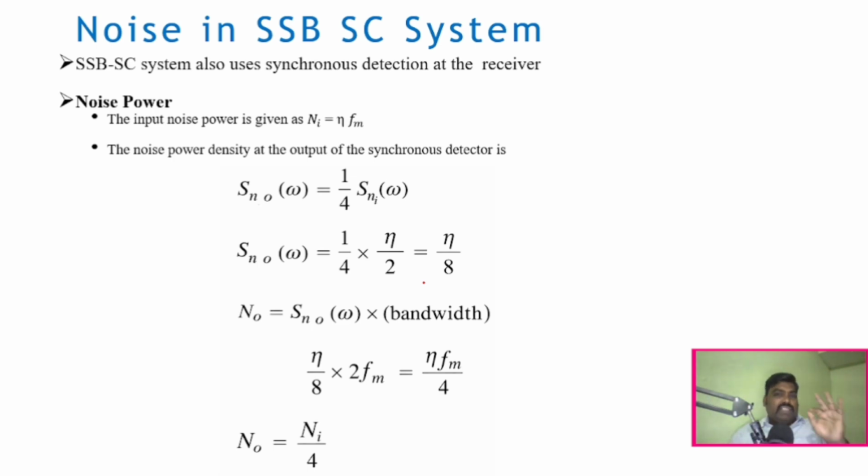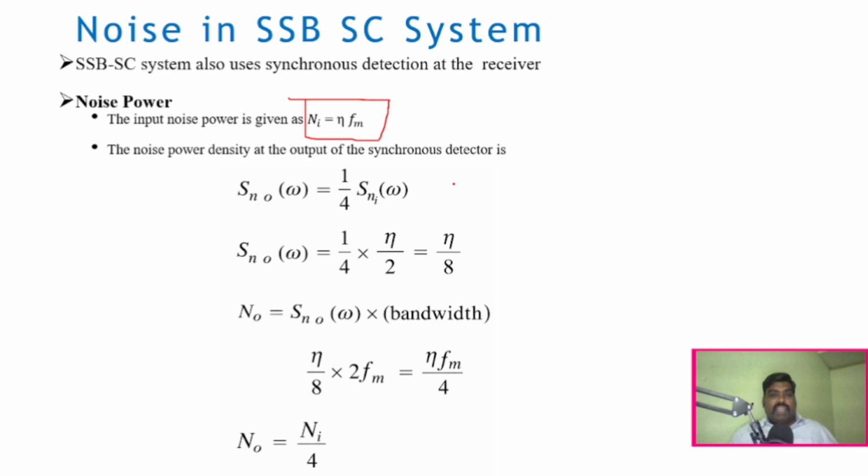The only difference is here. We have already calculated the input noise power. Input noise power is eta into fm. We already know how to obtain the power spectral density.